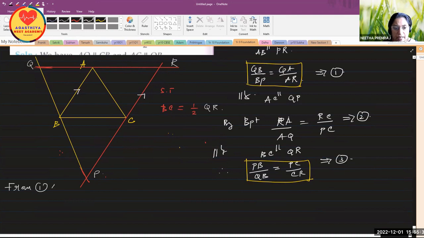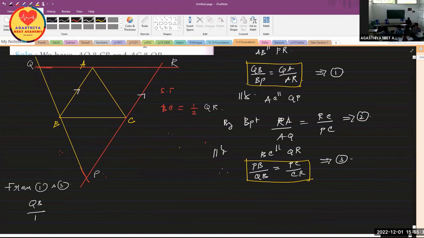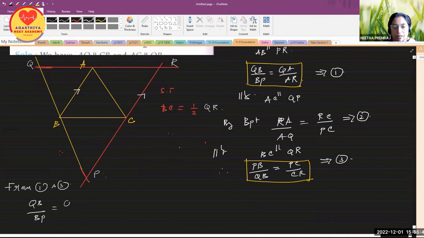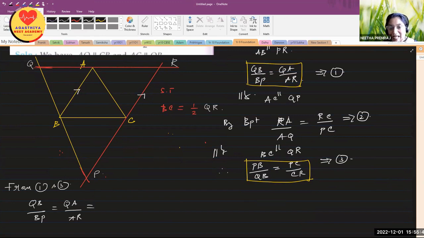From 1 and 3, QB by BP is equal to QA by AR. That is equal to PB by QB. So you're supposed to write CR by PC, isn't it? CR by PC, correct, guys?